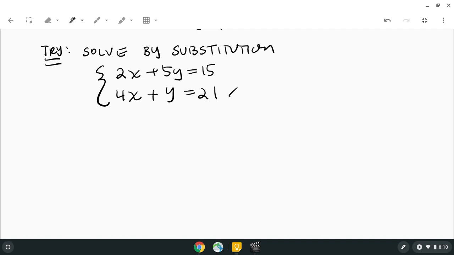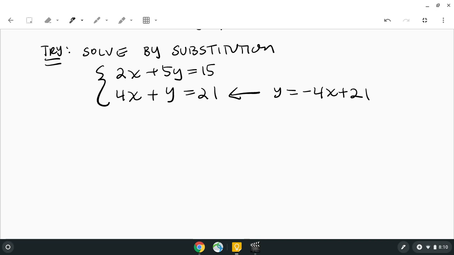Okay, so I am going to rewrite this one because out of the 4 variables here, the 2 x's and 2 y's, the y in this bottom equation would be the easiest one to get by itself, because all I have to do is subtract 4x. So y equals -4x plus 21.